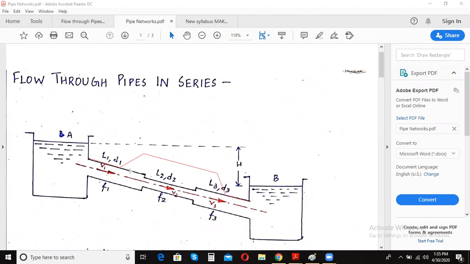Okay, this is a rough diagram, so ignore the mistakes. Okay, so I think it is clear now.